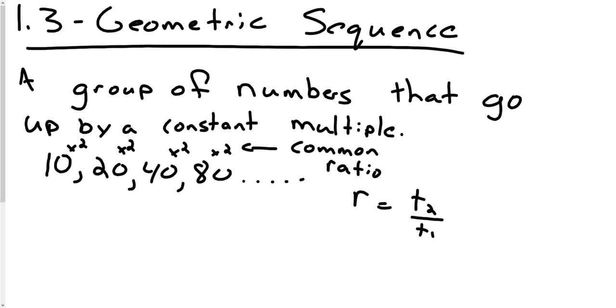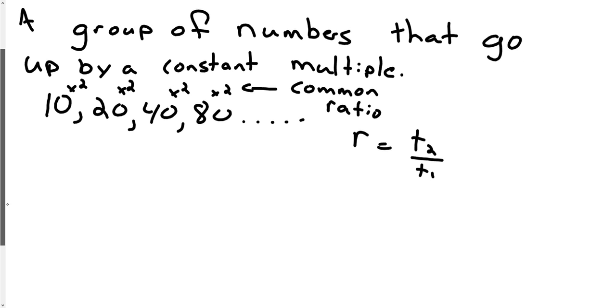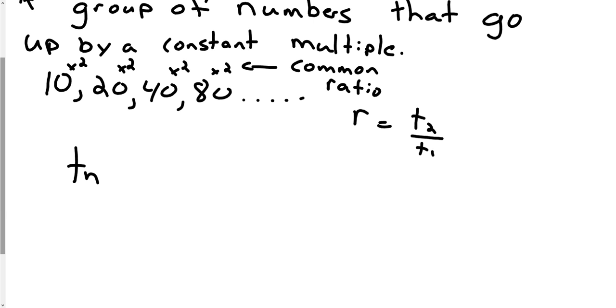Really hate myself. Okay, so the formula for geometric sequences, the Tn value is always, if you want to find any term, it's just this: T1 times R to the power of n minus 1.